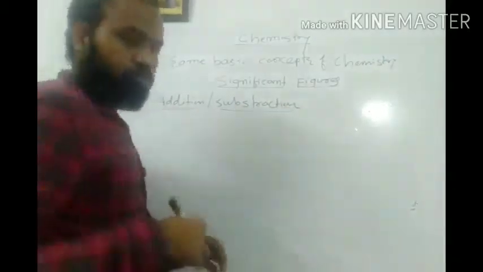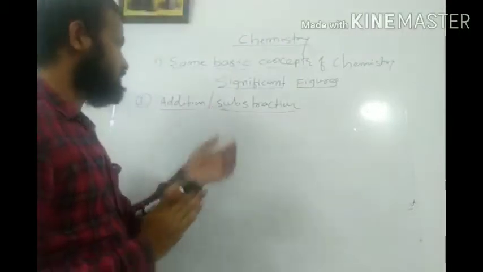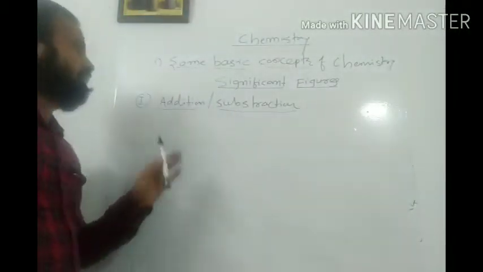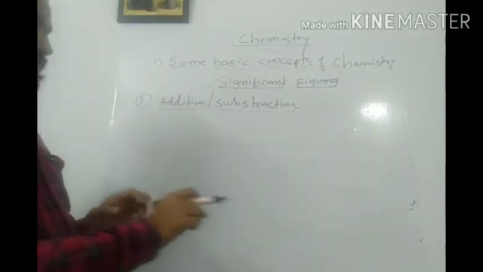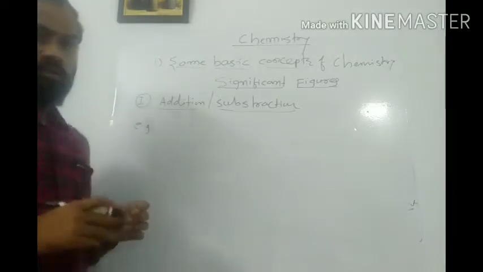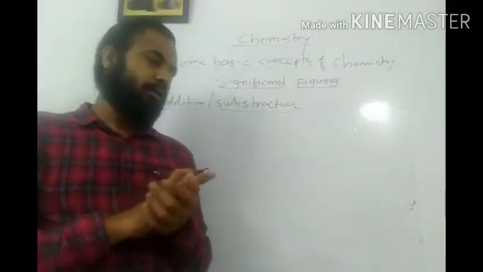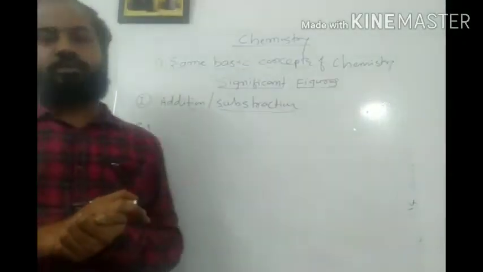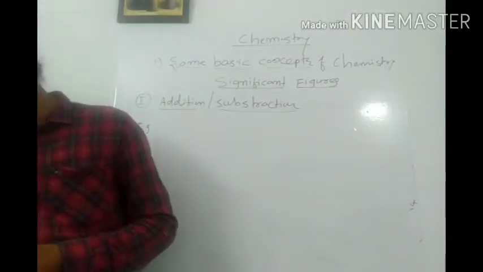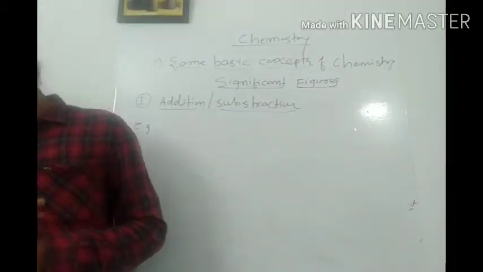Now we have seen how to write the significant figures. Now we are going to see how to calculate if we have to do addition or subtraction of significant figures. I will give you some examples through which I can explain this in an easy way. The first example is addition of significant figures.